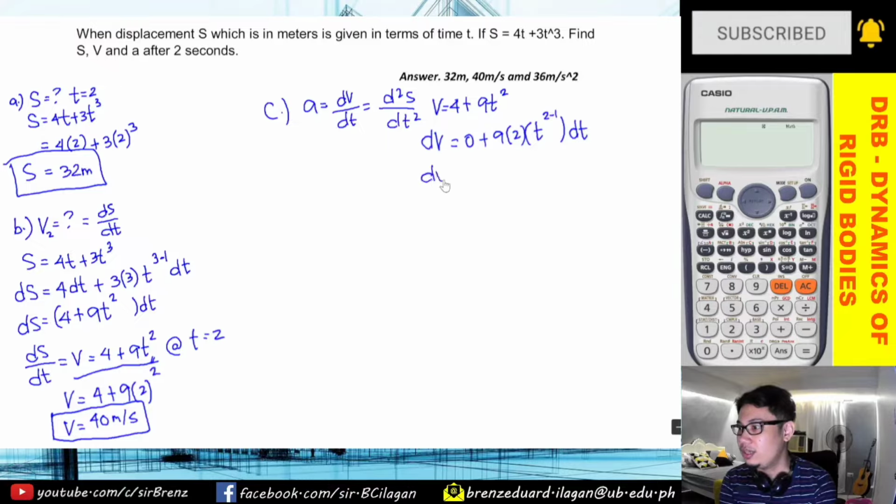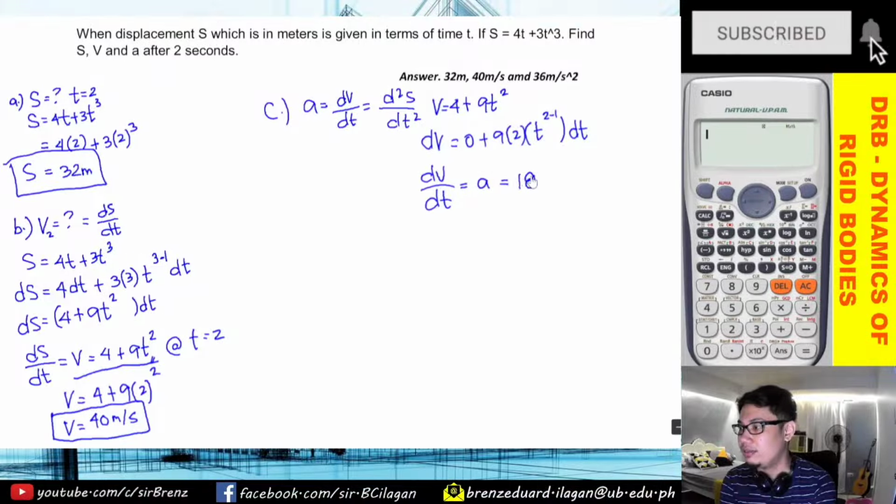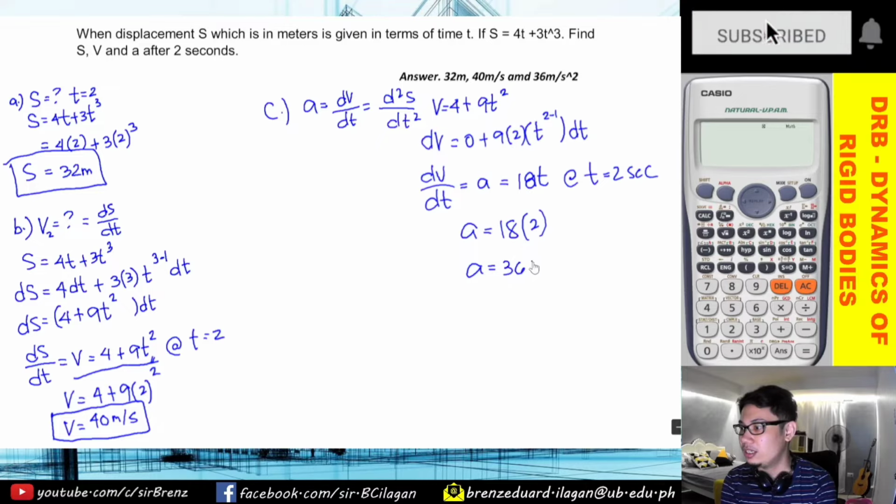So dv over dt, ito yung acceleration mo, equals 18t. At t is equals to 2 seconds, what will be the acceleration? Acceleration will be 18 times 2, or equals 36 meters per second squared.